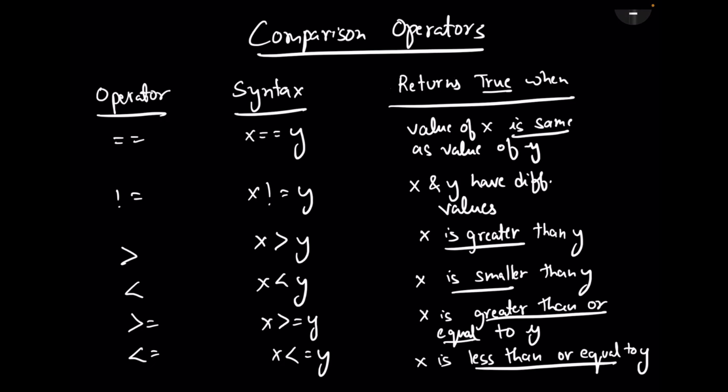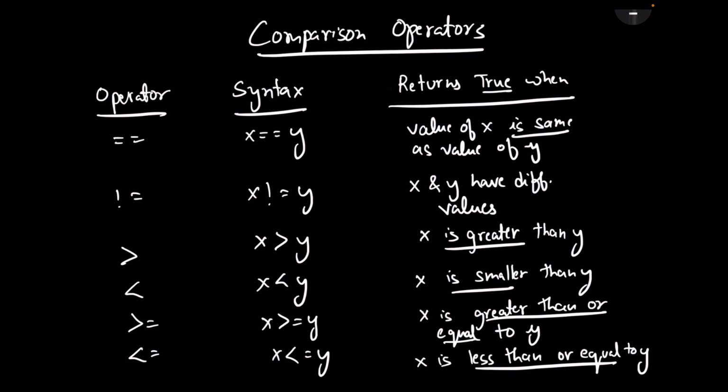So this checks if x is smaller than y or not. We also have greater than equal to. This operator checks whether x is greater than or equal to y or not and returns true if it is. If it isn't, then it returns false. And similar to this is the less than equal to operator. Okay, so these are all the commonly used comparison operators.